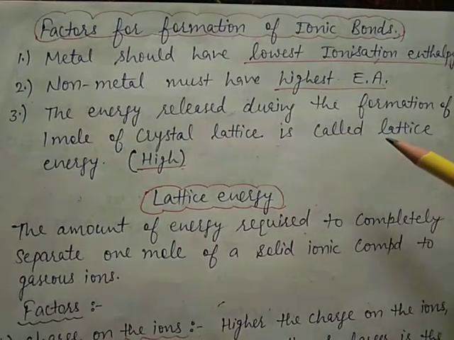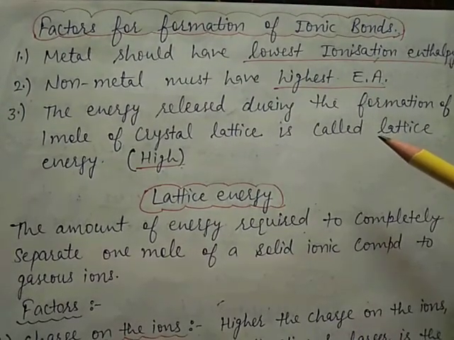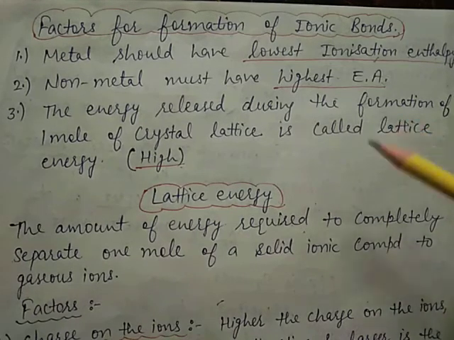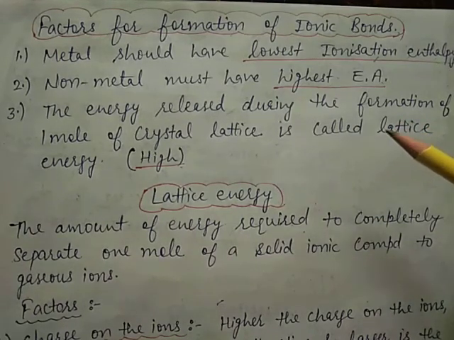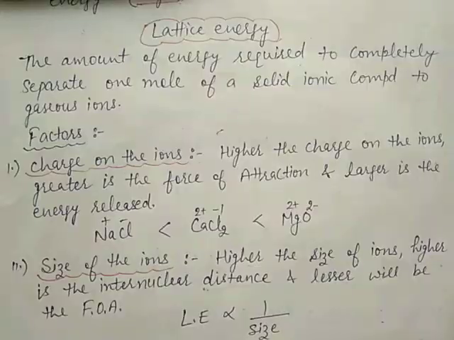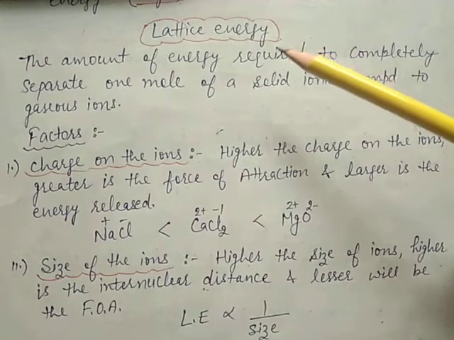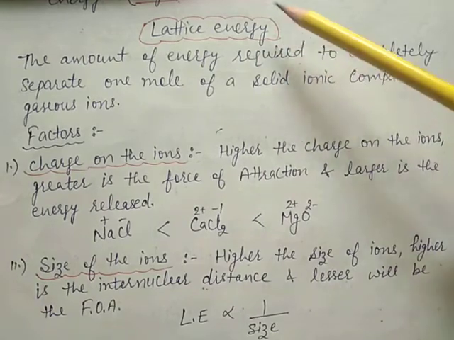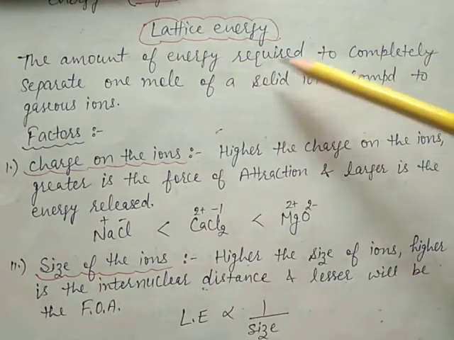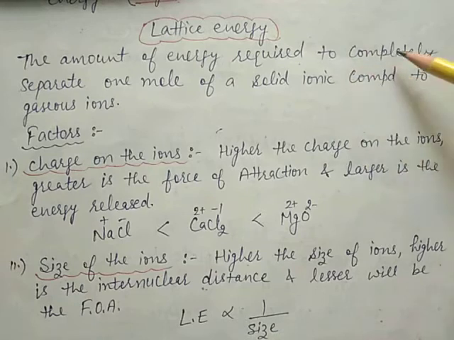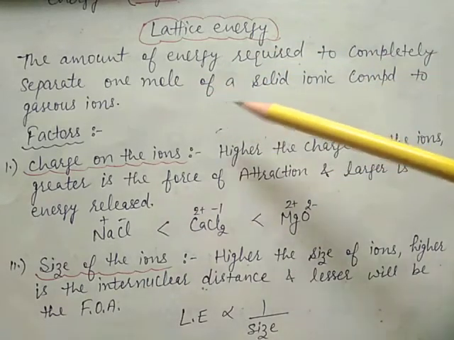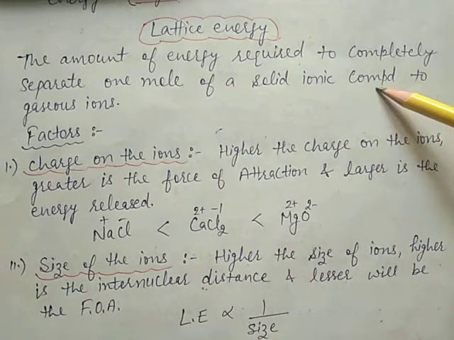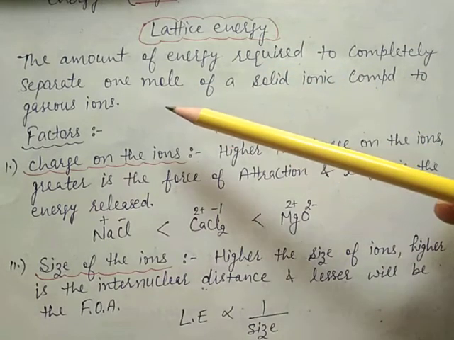So the higher the value of lattice energy, the higher is the formation of ionic compound. Now, the next topic is lattice energy: the amount of energy required to completely separate 1 mole of solid ionic compound into gaseous ions.